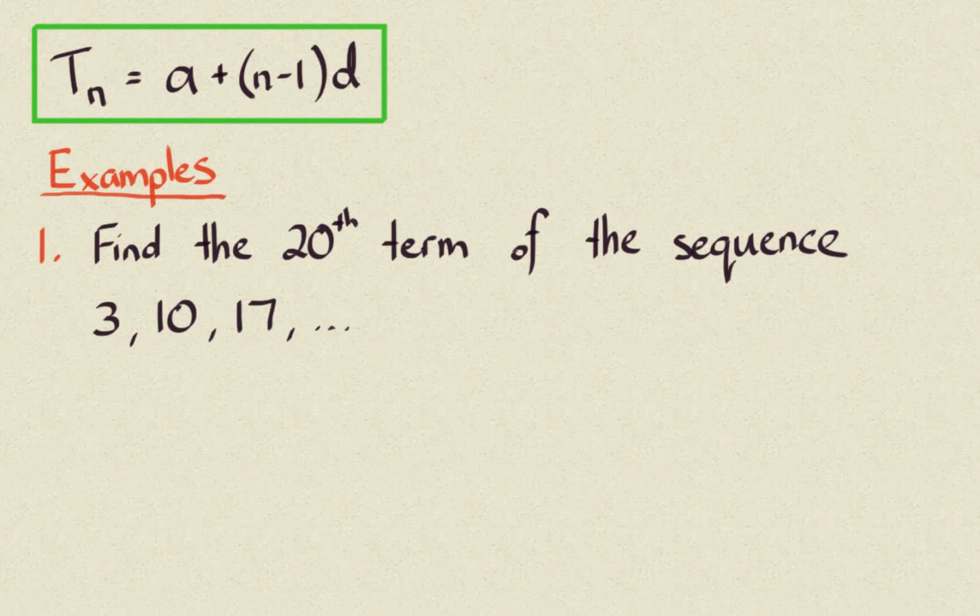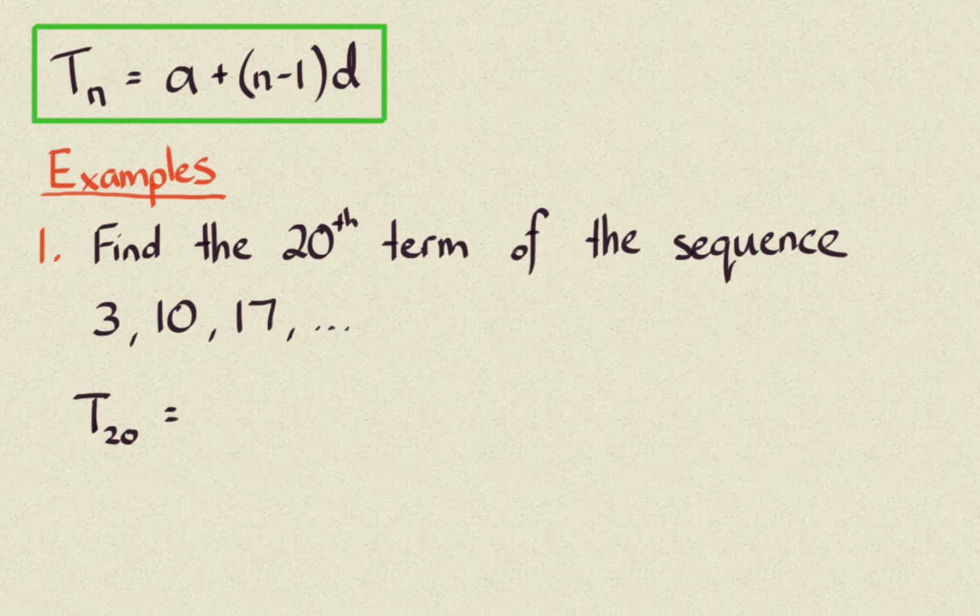Example 1. Find the 20th term of the sequence 3, 10, 17, and so on. So we want to find the 20th term, T20. And we're going to use this equation to help us get there.